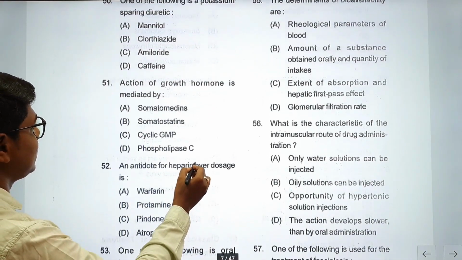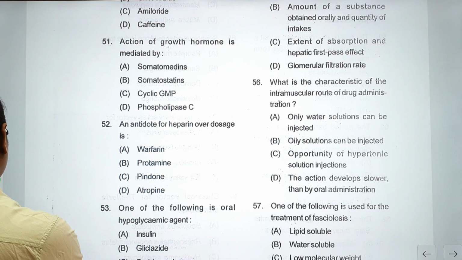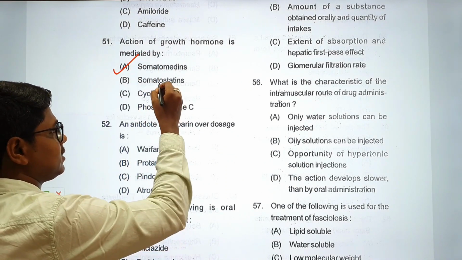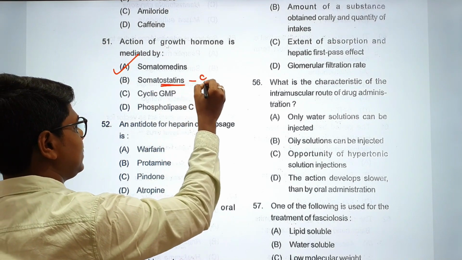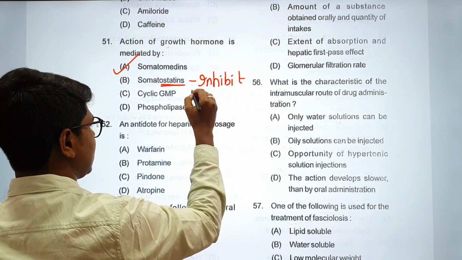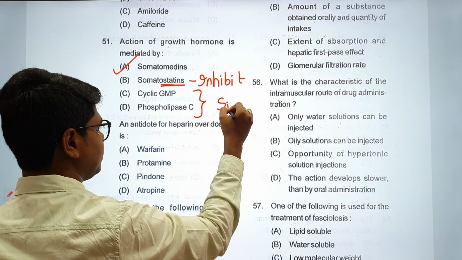So, question number 51. Action of growth hormone is mediated by somatomedins. Somatostatins, statins means inhibition, so they inhibit the growth hormone, and the cyclic GMP and phospholipase C are basically part of signal transduction.